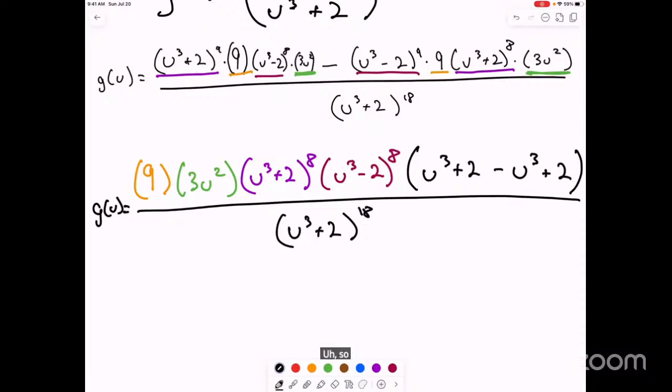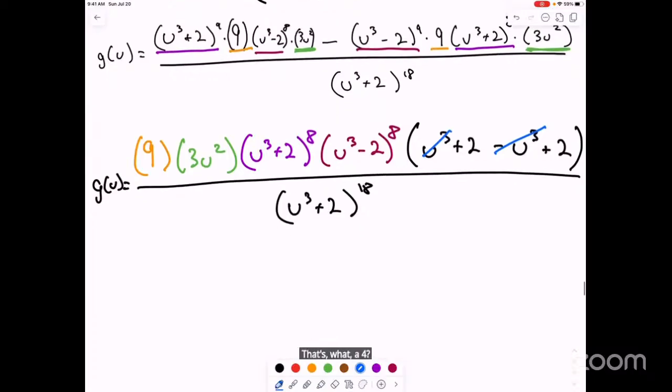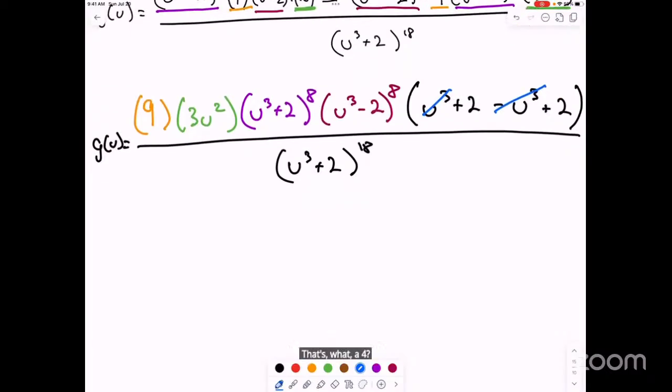So then, looks like this cancels this. That's what, a 4? So 4 times 3 is 12, times 9 is 108. So it looks like we have a 108 u squared.